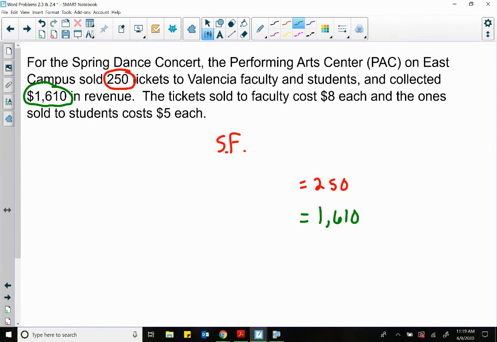Okay? So I know that tickets sold to faculty costs $8. So I'm going to have 8F plus, and the ones sold to students cost $5. 5S. See how this makes sense? $8, $5, $1,610. Money, money, money.